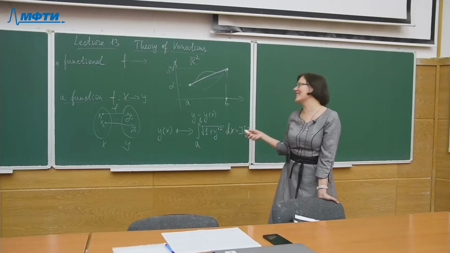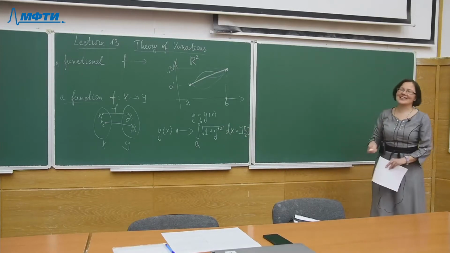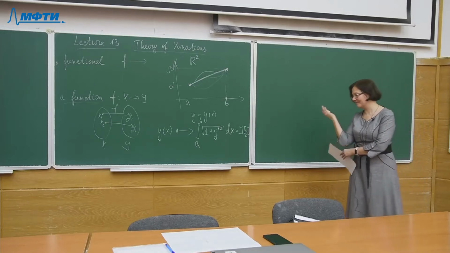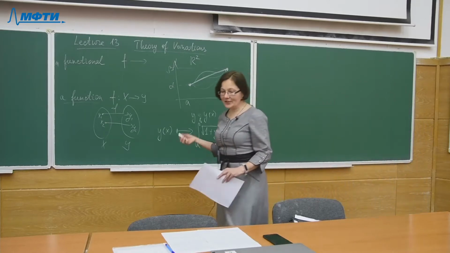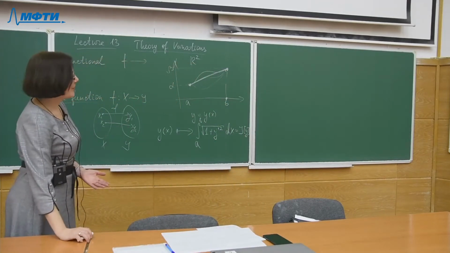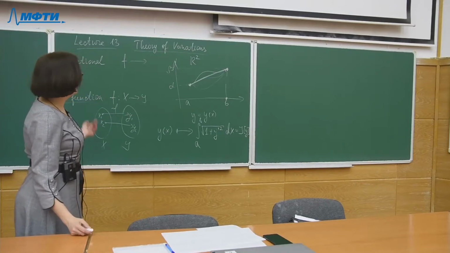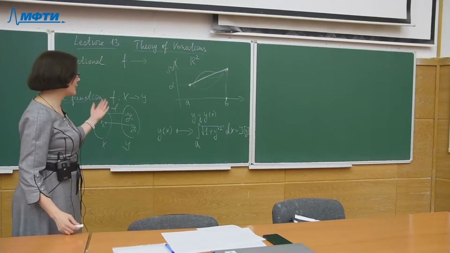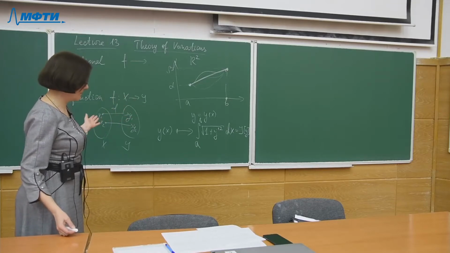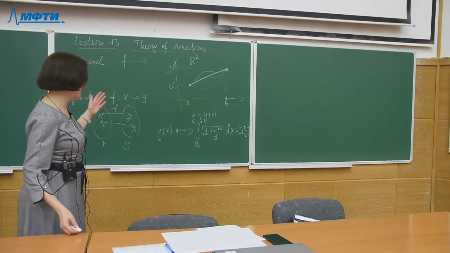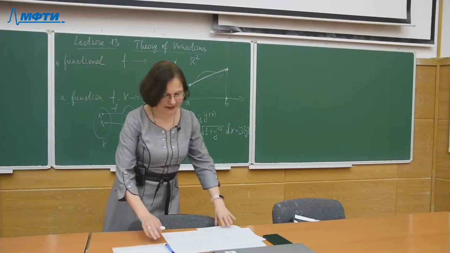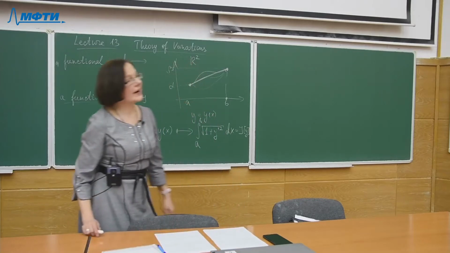Calculus of variations. And now we will discuss the problems of this nature, and we will try to develop theory of variations. We will try to solve the problems of such kind and obtain the Euler Lagrange equations.